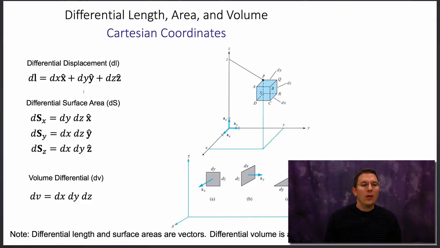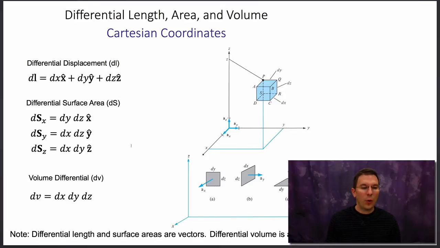Differential surface areas now, if you look at this diagram here, for instance, this ds sub x is a vector that points along the x direction and has area dy dz. So this first expression corresponds to this little square of differential area. ds sub y corresponds to this picture, and ds sub z corresponds to this picture.